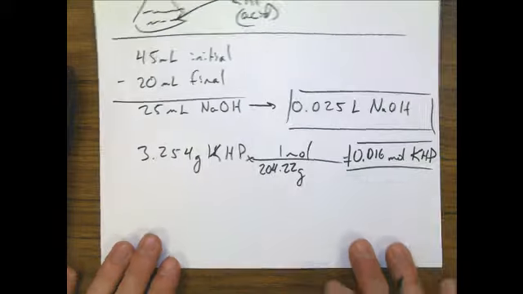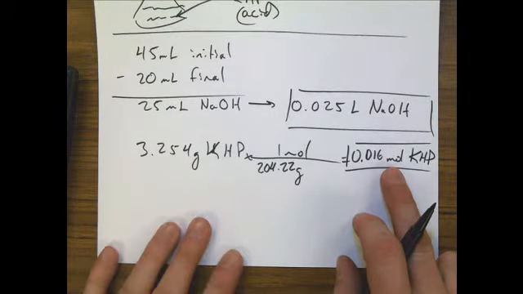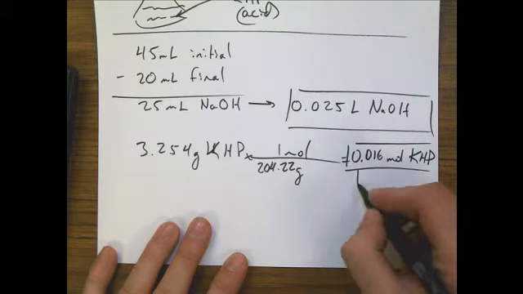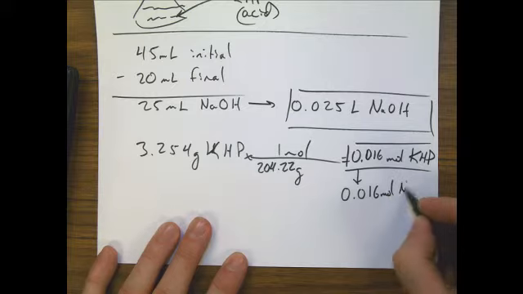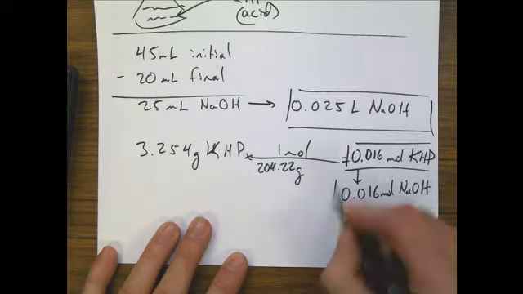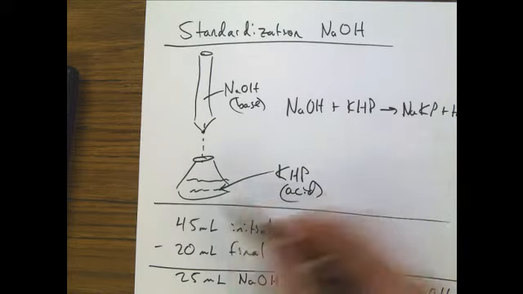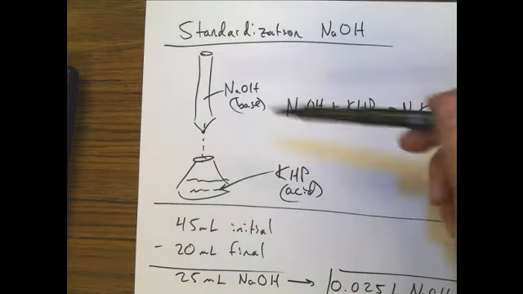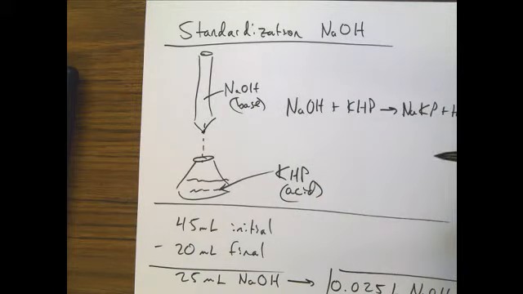Now, we have to take these moles, and we know that it reacts in a 1-to-1 ratio with sodium hydroxide. So this is the same as 0.016 moles of NaOH. What that means is that when this turns pink, you have the same amount of sodium hydroxide as you have KHP because they react together in a 1-to-1 ratio.